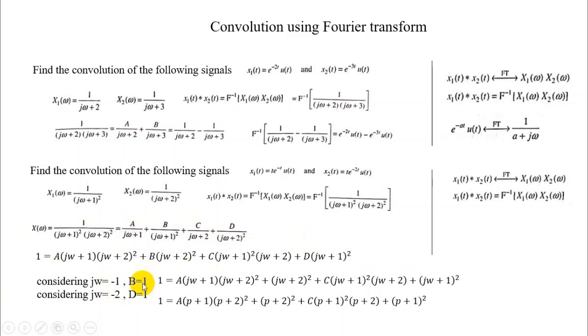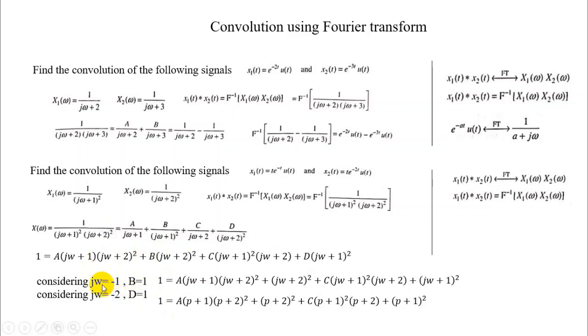Considering j omega is minus 1, as we discussed previously, and j omega is minus 2. When we put j omega is minus 1, we will get B is equal to 1. Why do we place j omega as minus 1? Because j omega is minus 1 is one of the roots of this equation.